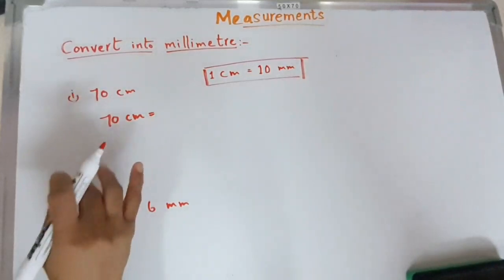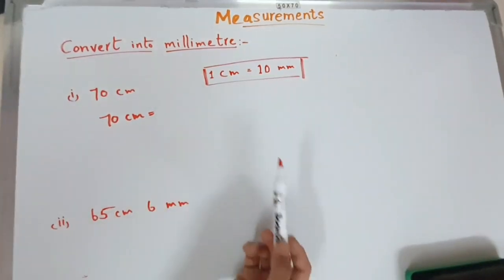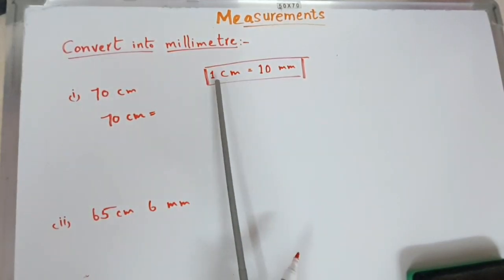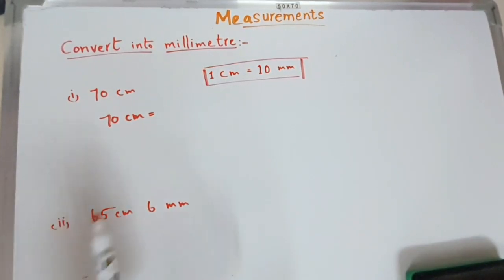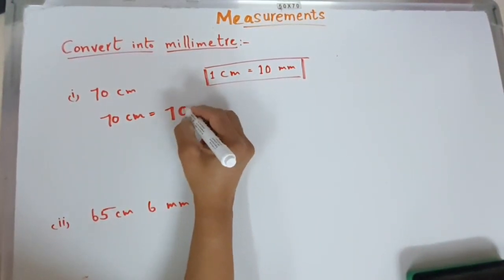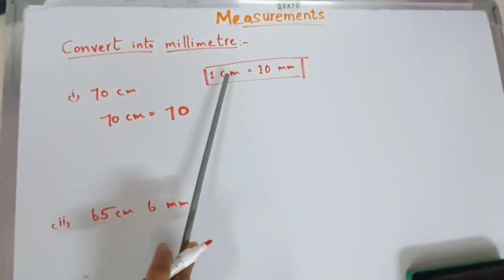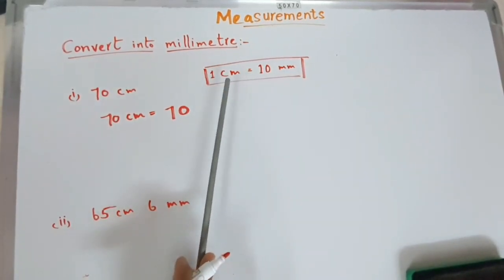Look at this example, children. We have to convert 70 centimeter into millimeter. So we know the rule, 1 centimeter equal to 10 millimeter. So 70 centimeter, we have to multiply because it is greater unit to lower unit.